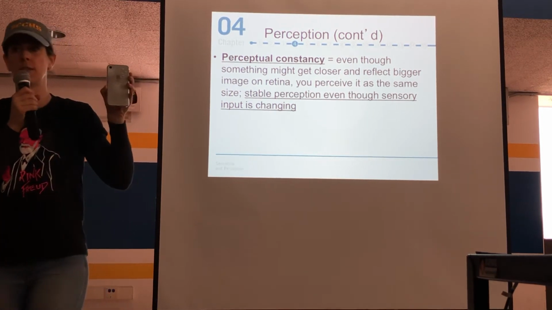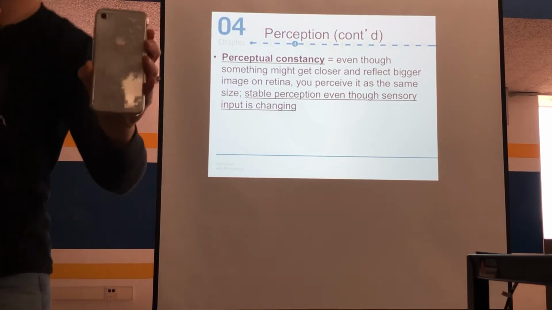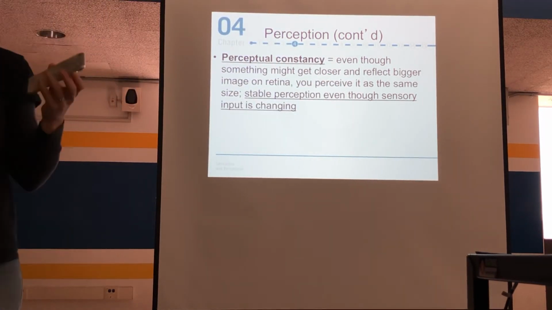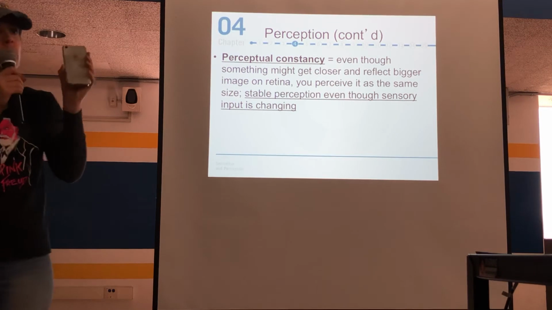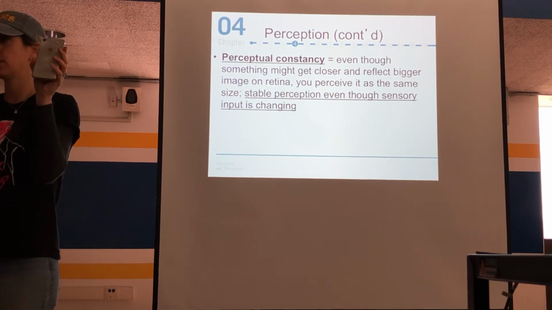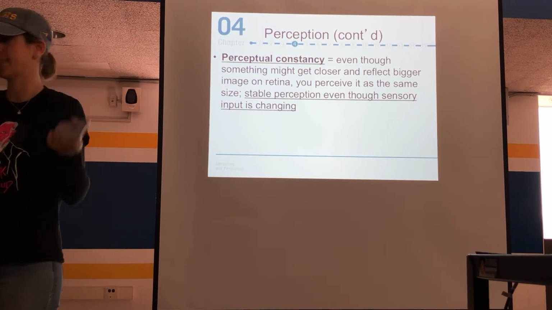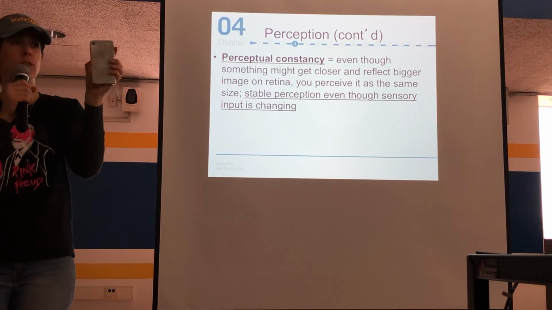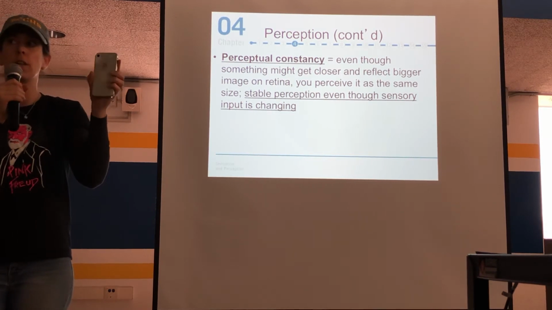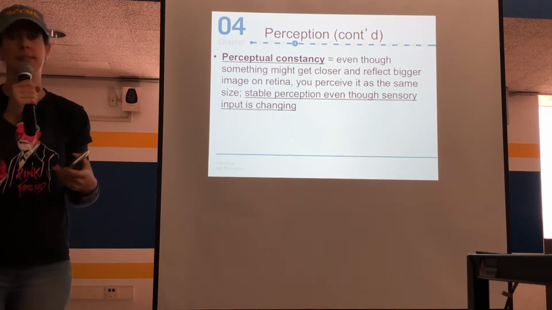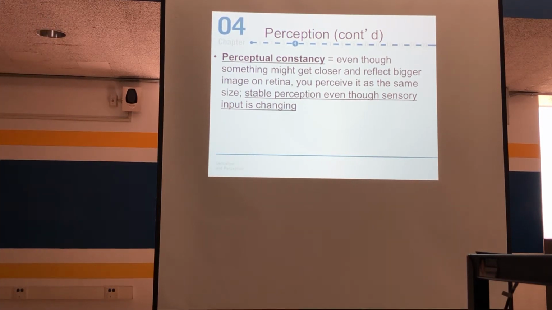If I bring it close to you, it's taking up a bigger image or a bigger space on the retina, but we know that the size stayed the same, so what do we call that? Size constancy. You understand? If I were to dim the lights and you still know this is the same color, color constancy. Constancy just is like consistency, it stays the same. Cool?